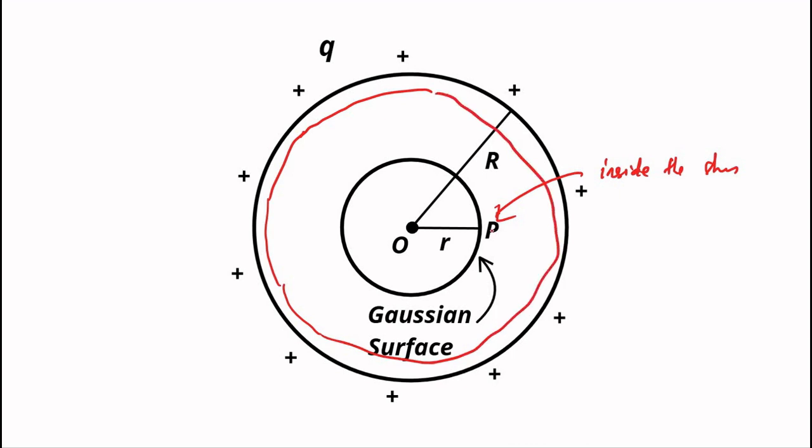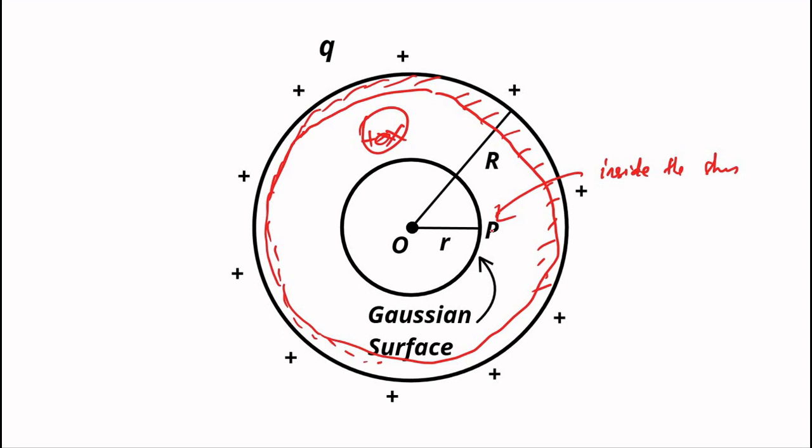Very small thickness of the spherical shell is there, so we have chosen not to consider it. So the charge is only present on the surface, not inside. There is no charge inside, so only on the surface.